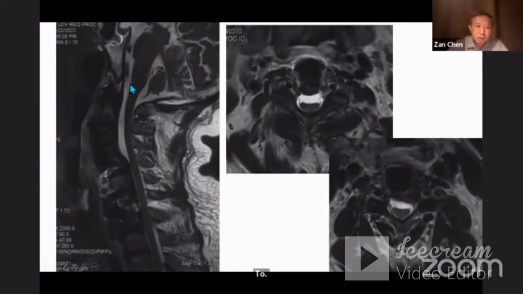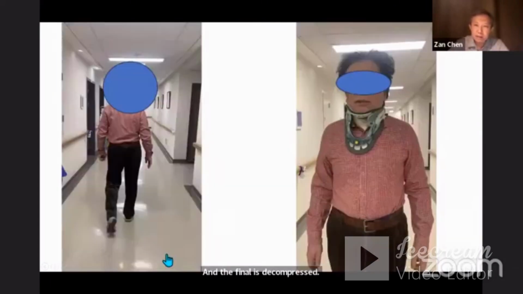And the spinal cord is decompressed successfully. And because of the anterior procedure, the patient recovered very quickly. On the third day, he could be discharged.